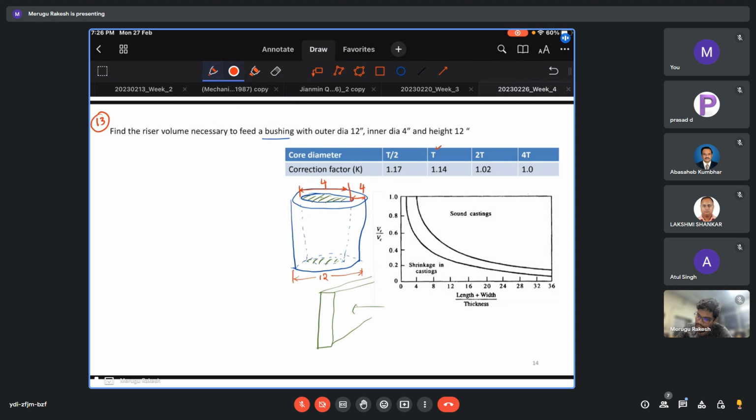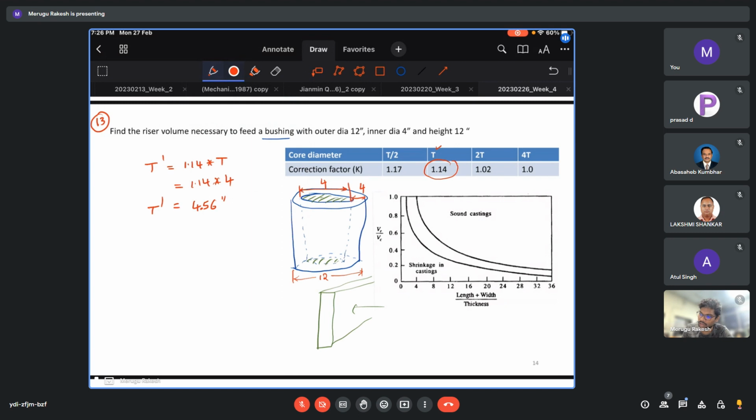So this core diameter is equal to the thickness, so we have a correction factor of 1.14. So the actual thickness is 1.14 times the original thickness, that is 1.14 multiplied by 4. So we have 4.56 inches. So that's it. Everything remains the same except this case.